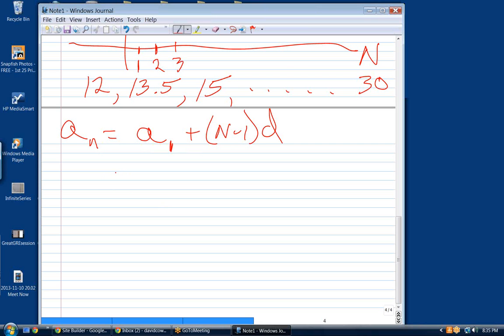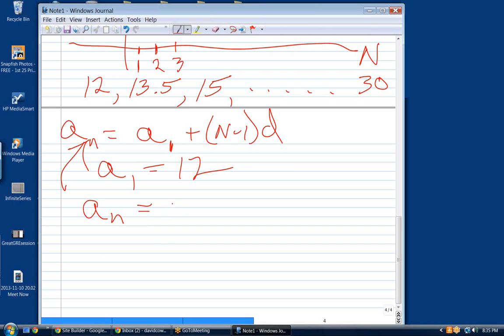Okay. Well, given the information they gave us, we solved for a sub 1 is equal to 12. So now, what is the nth term? The nth term. Back to that.